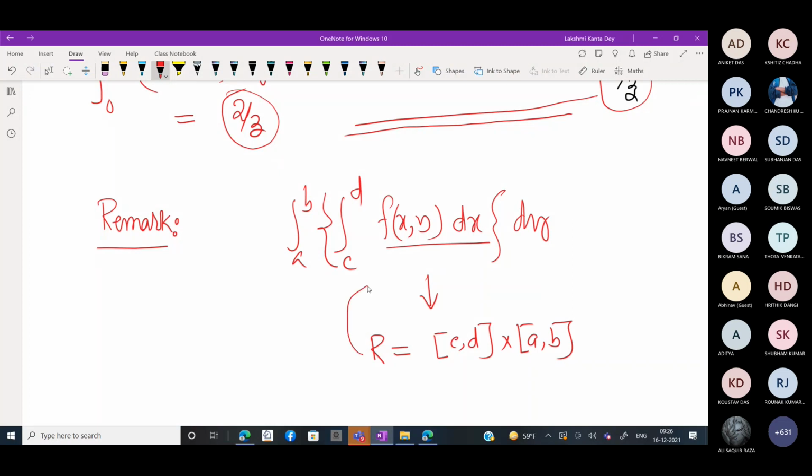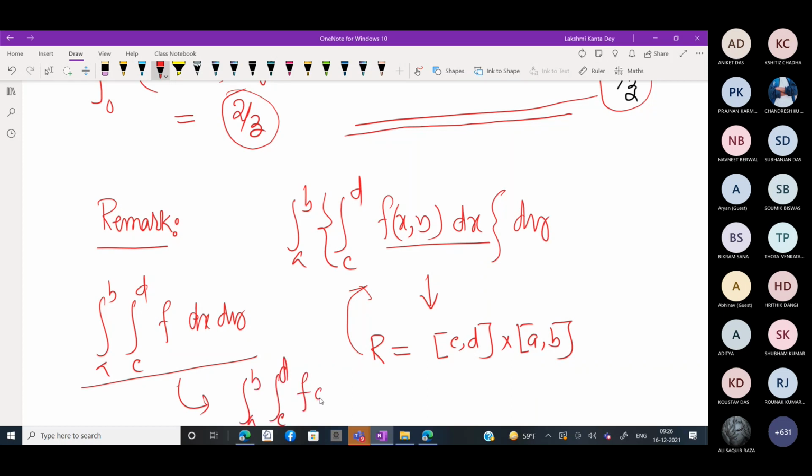So from this we have to understand that if we do not give the brackets, suppose A to B, C to D, f of xy dx dy, it has a meaning. Similarly, A to B, C to D, f dy dx has another meaning.